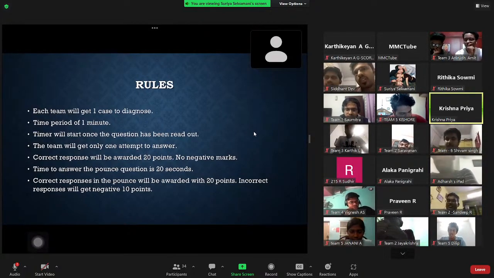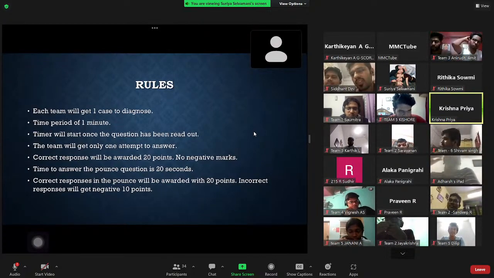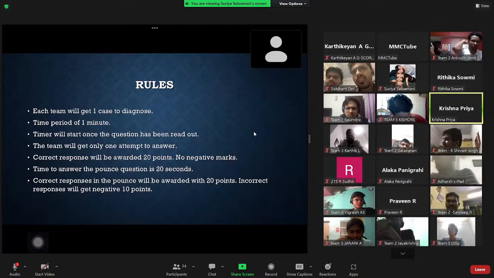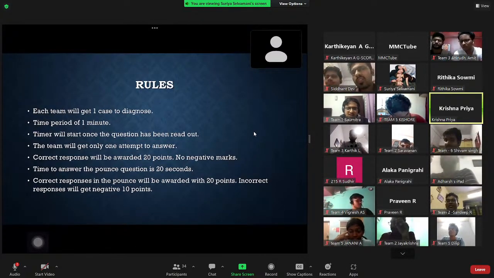If the team to which the question is directed answers it correctly, they will get 40 marks, and there is no negative marking for that team. For the pounces, if they answer correctly, they will get plus 40. And if you answer wrong, you will get minus 20 points.